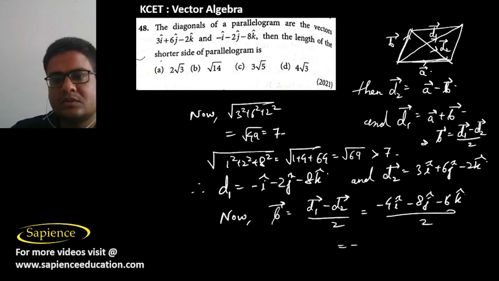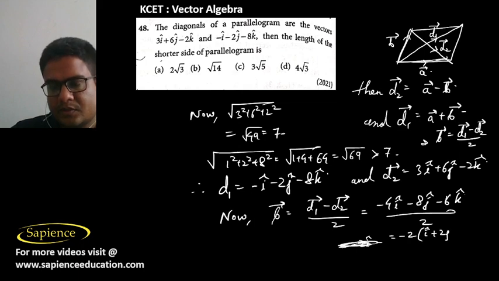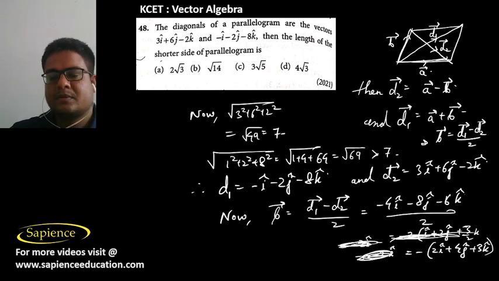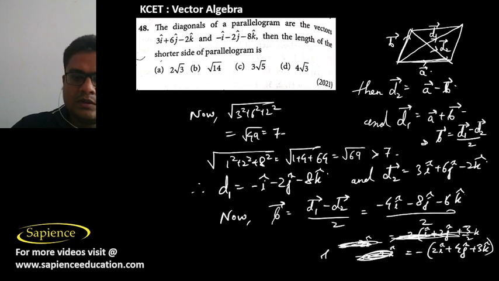So this is minus 2i cap minus 4j cap minus 3k cap, that is minus of 2i cap plus 4j cap plus 3k cap. So this is vector b.